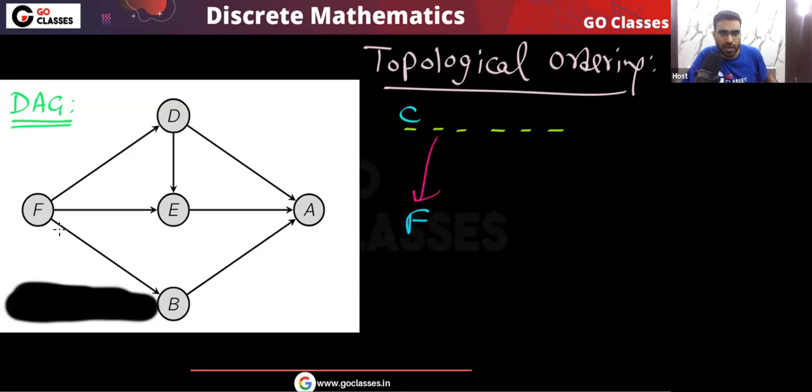Because before B, F should come. There is an edge like this, you can see this edge. So before B, F should definitely come. So I can say the second vertex must be F. Is this clear? Very simple. So this must be F. Now, after that, what should happen?